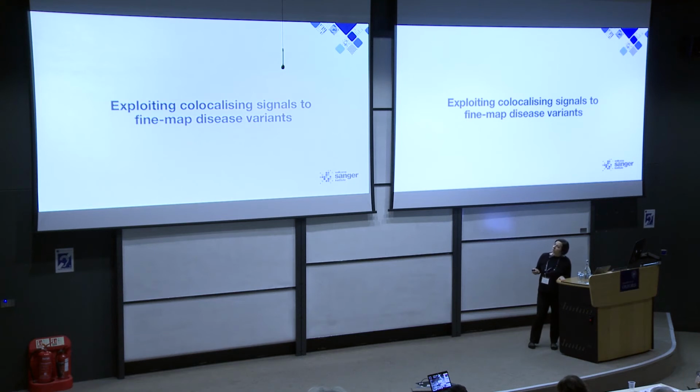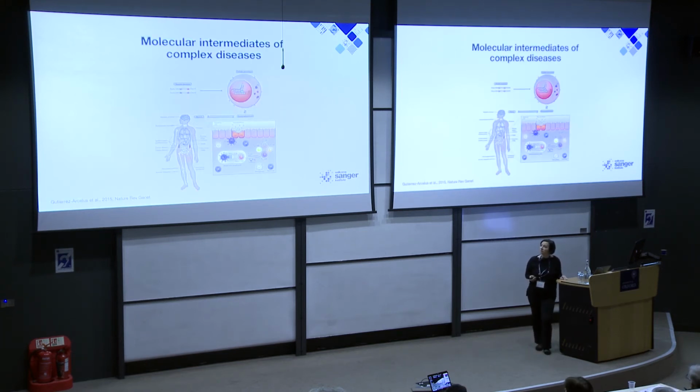First of all, we wanted to see, if there is sharing of molecular annotation, can we use this information to improve our ability to fine-map disease variants? We know very well that many autoimmune diseases are comorbid, but also share underlying pathophysiological mechanisms.